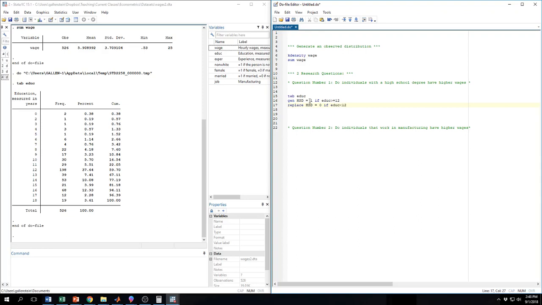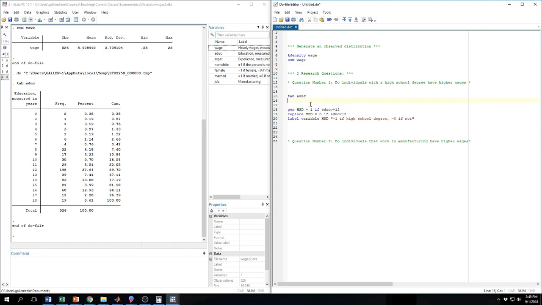All right. And then I want to label that variable, label variable HSD equals 1 if high school degree, equals 0 if not. That's just the label, just so I know what it means. You know what? I'm even going to give some more notes here.